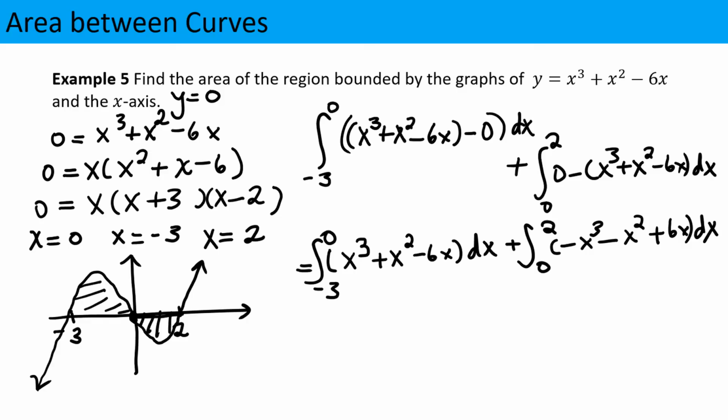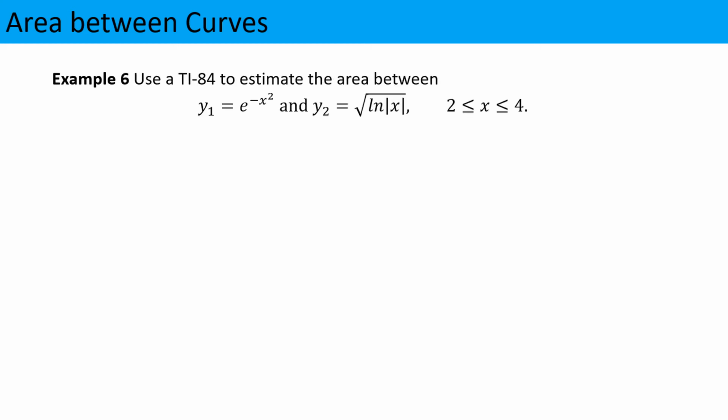So for the first integral, we would write that that is 63/4 plus the second one, 16/3, and when added, it will be 253/12 squared units.